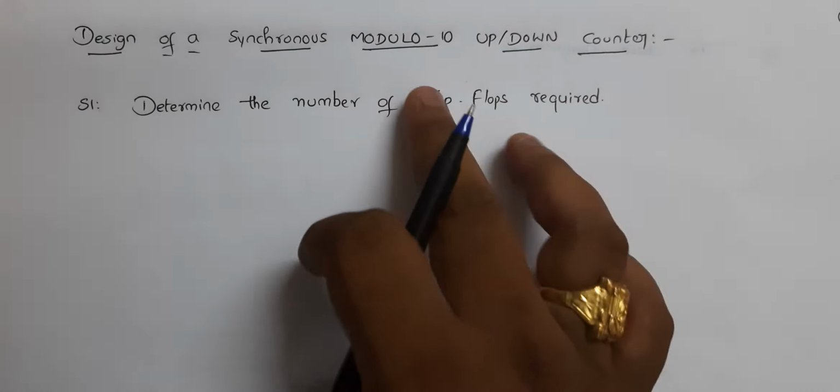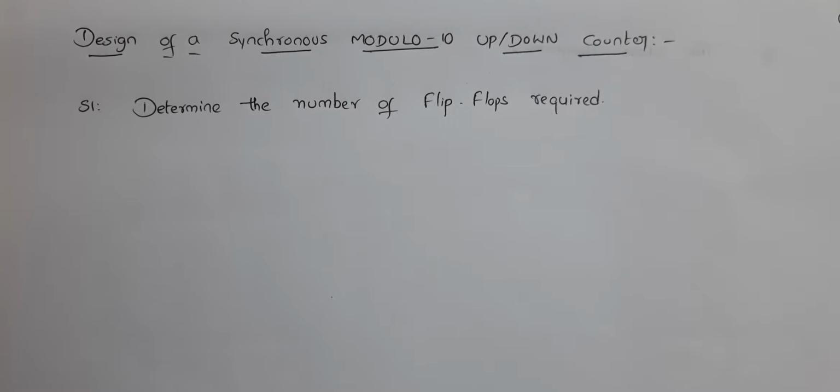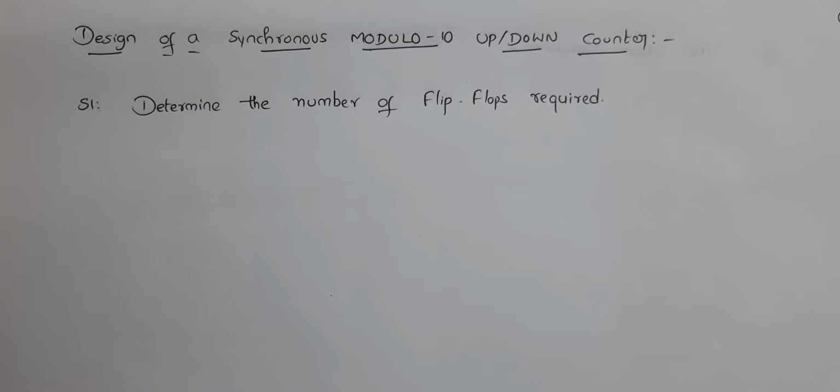You should remember the modulo 10. Modulo 10 means this is a mod 10 synchronous up down counter, and the counting sequence of this mod 10 counter has 10 states only. This is very important.